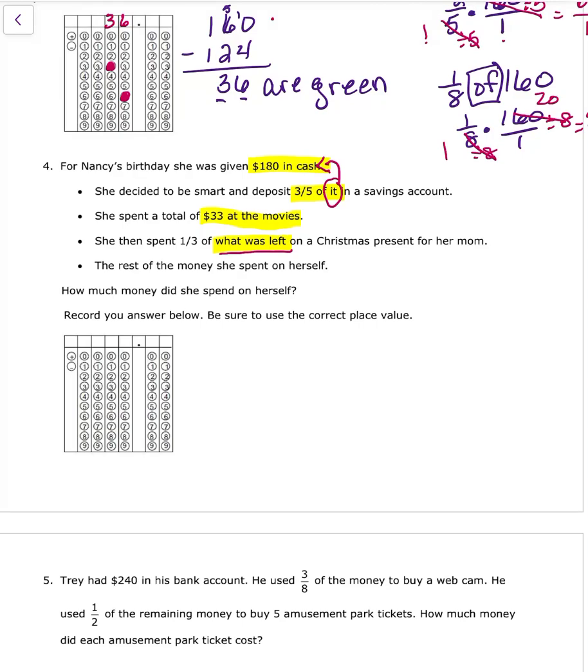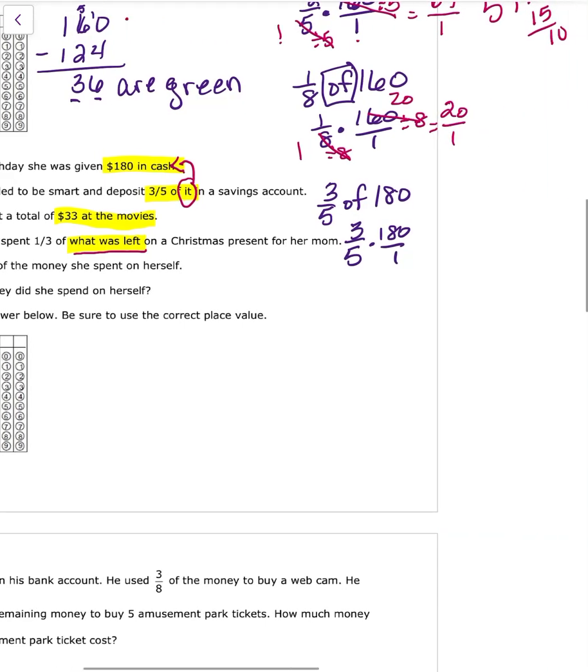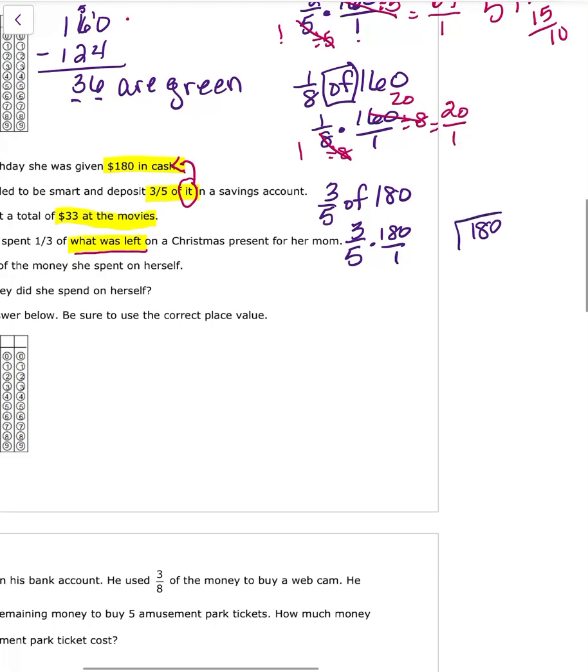Let's figure out how much she deposited in the savings account. So pause the video, figure it out, and then you can check to make sure you got it right. All right, so she did 3/5 of the 180. So 3/5 times 180. I do not know what 180 divided by 5 is, so let me do that real quick. Okay, so it's 36.